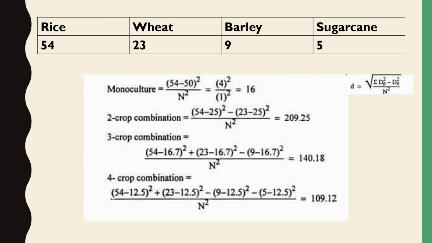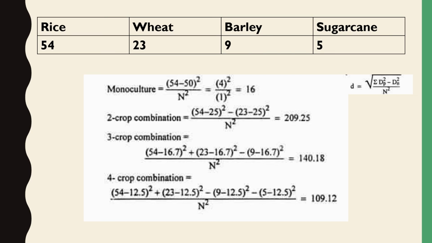In the case of 2 crop combination, first we taken 2 crops, rice and wheat. Actual value rice का 54, 54 minus 25, 25 means the theoretical value, minus 23 wheat का value, actual value 23 minus 25. ऐसी तरह से अरेंज करना पड़ेगा कि positive difference d square p according to formula d square p, positive difference minus negative difference. यहाँ पे वही हो रहा है, positive difference minus negative difference.